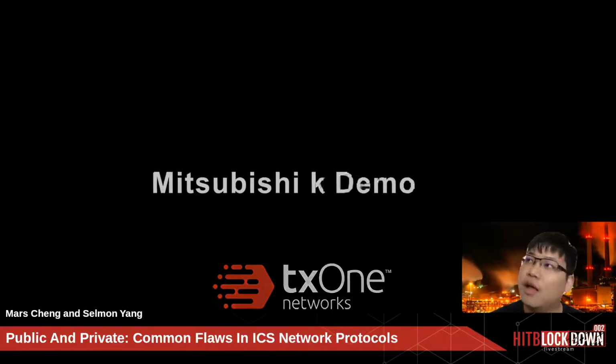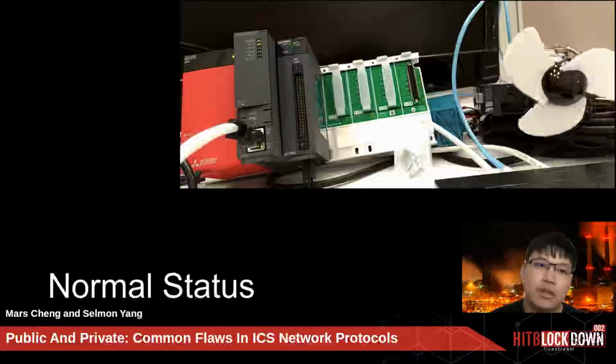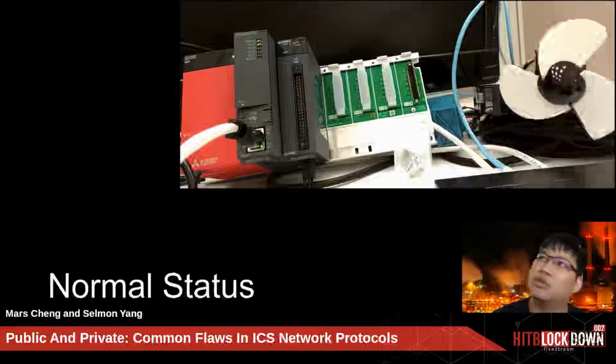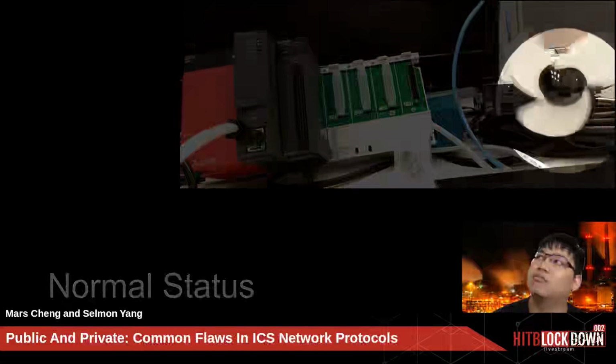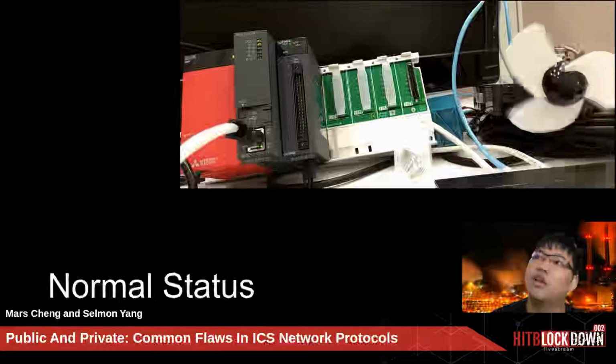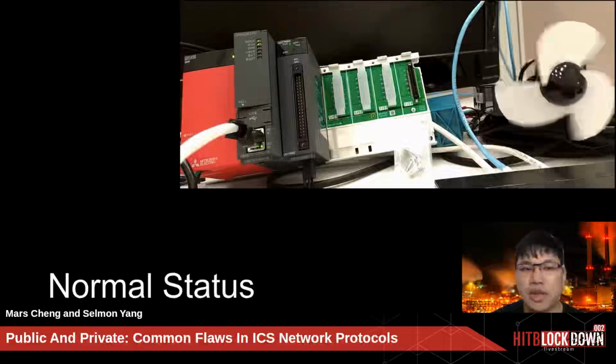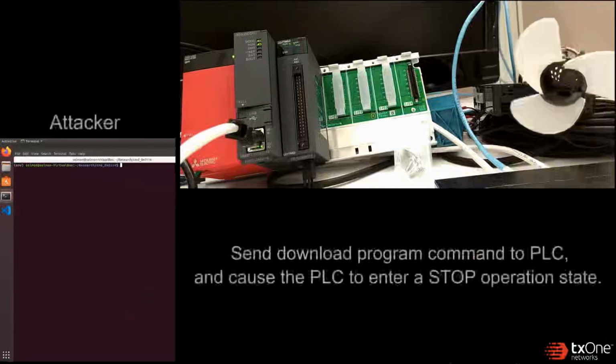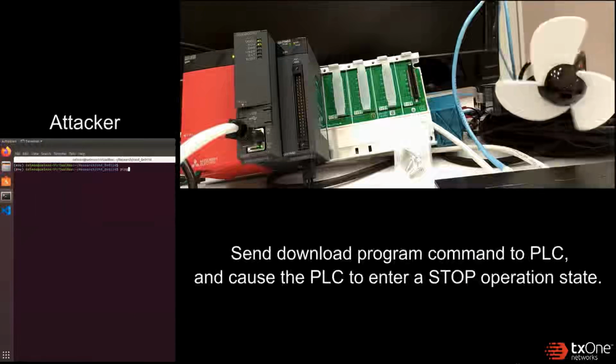For the program download, on the right side is our normal status, where the program is running and still running in the normal status. But as a simulated hacker, when I connect to this PLC, I can touch this PLC, perform the attack, and send a download command.